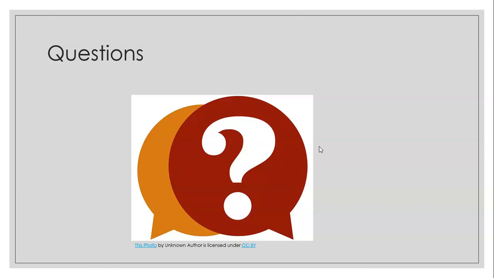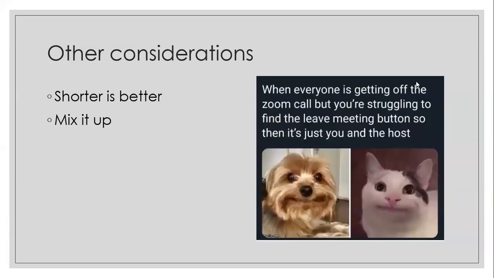I think I've asked to unmute everyone. That doesn't mean that you have to unmute yourself if you don't have a question, but if you do, you have the option to unmute yourself now. So if anyone has any questions, feel free.